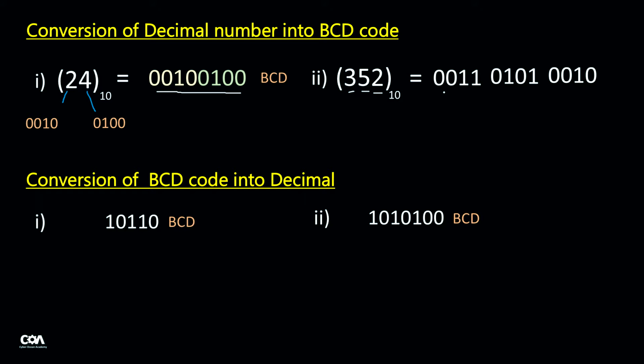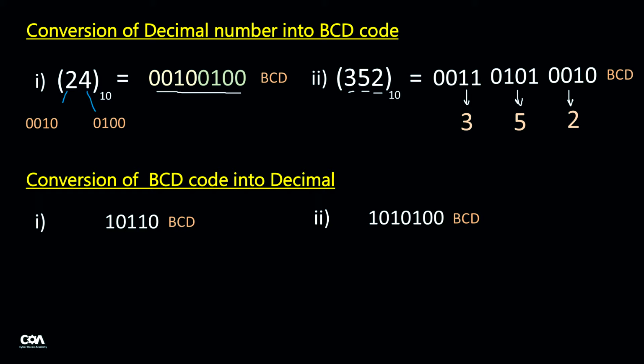So this is basically the BCD format of 352. The equivalent number of this BCD group is 3, for this it is 5, and for this it is 2. So this is the equivalent BCD format of this decimal number.